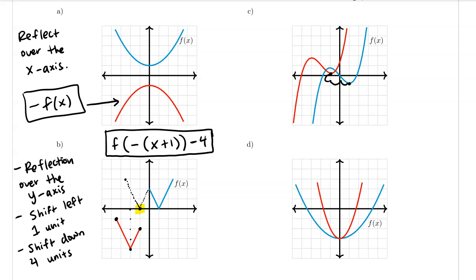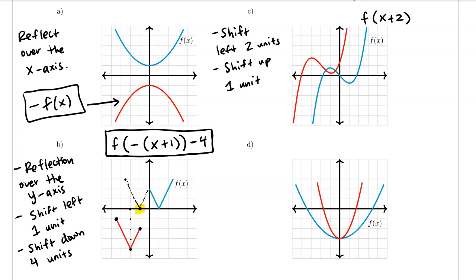So we can see that we have a shift left 2 units, and then a shift up 1 unit. If I wanted to capture that in a formula, on the inside of our parentheses we would have f of x plus 2. That is what gives us a shift to the left 2 units. And then if we're shifting up 1 unit, I want to add a plus 1 on the outside of our parentheses. And that's the formula there.